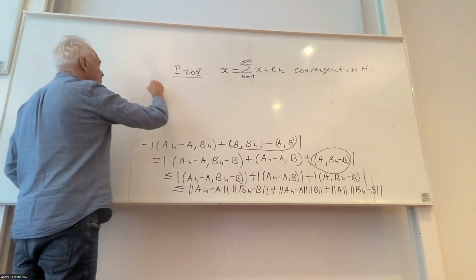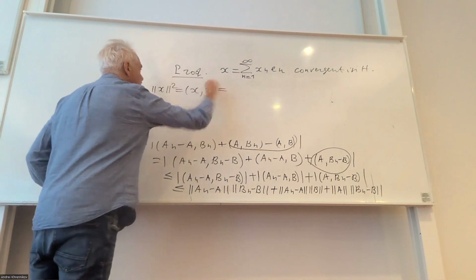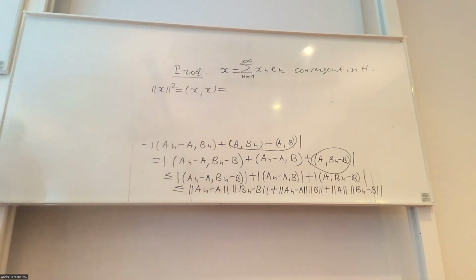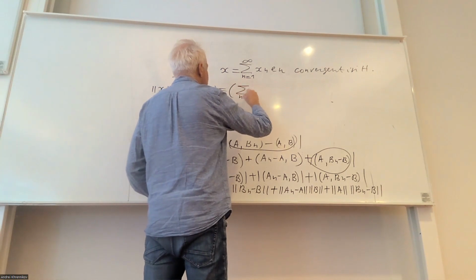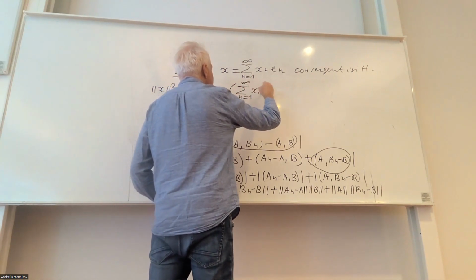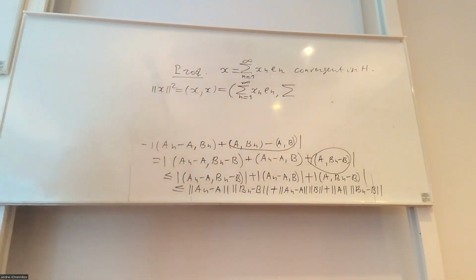Now let us write the square of the norm. It is just the scalar product of x by x. And then we put instead of x this series. So it would be the scalar product of the sum from n equals 1 to infinity of xn en with another series, for which it is more convenient to use another summation index. It is my right to use the summation index that is convenient for me.